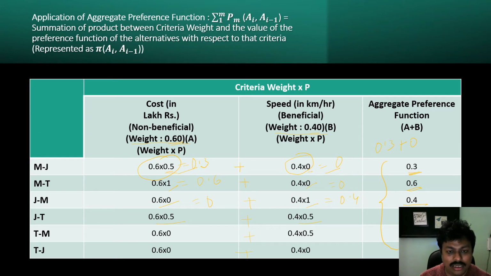Actually, these are all your preference values for this criteria with respect to m minus j, m minus t, j minus m, j minus t, t minus m, t minus j. And when you aggregate it by multiplying the weightage of the criteria with the preference value and adding the product of weightage of criteria with the preference value of that criteria, you will get the aggregate preference function, right?